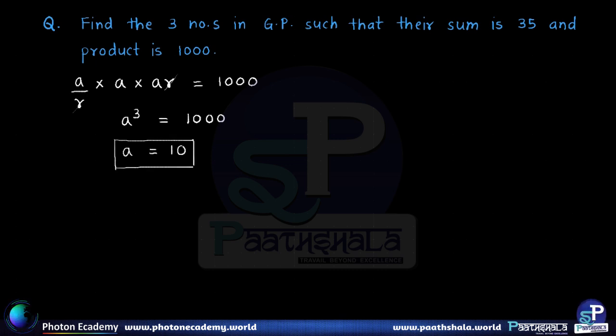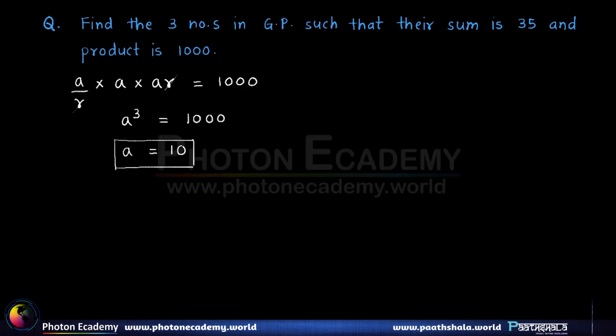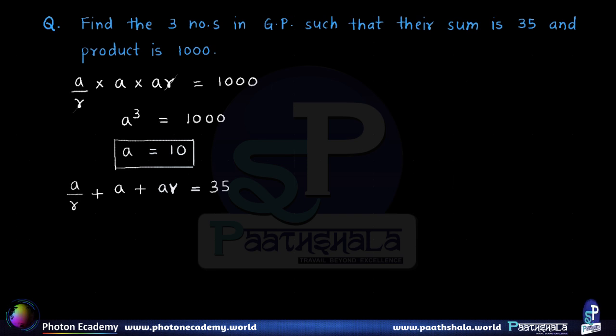Now let us use the other condition which is related with their sum to be 35. So therefore adding those numbers, we have A by R plus A plus AR equal to 35. Now A is 10, which we have just found. So substituting that, we get 10 upon R plus 10 plus 10R is equal to 35.